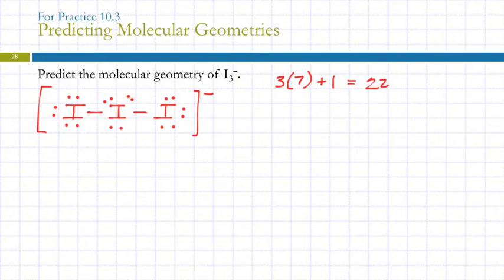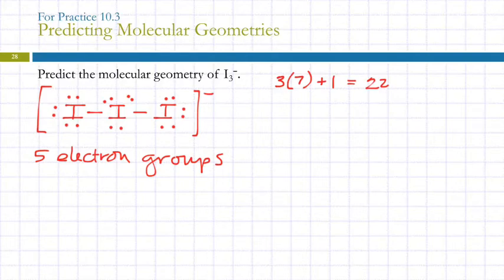Predict the molecular geometry. Well, what's the electron geometry? How many groups are on the central atom? 5. So we have 5 electron groups. So 5 balloons. What do 5 balloons do? Trigonal bipyramid, right?